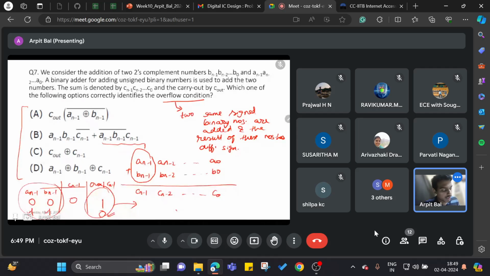From the second condition, if An minus 1 and Bn minus 1 are both in true form, Cn minus 1 will be in complement form. So option B is correct.